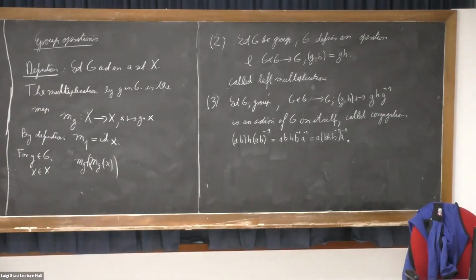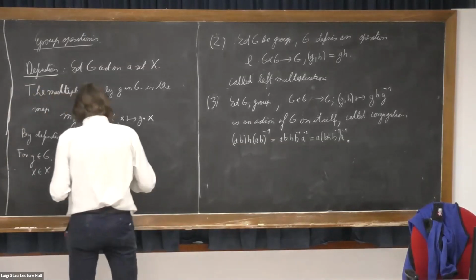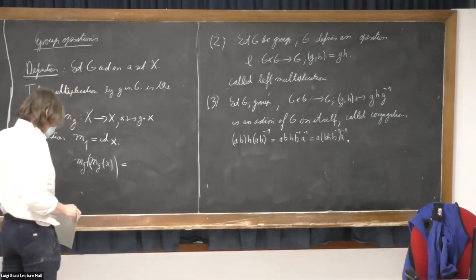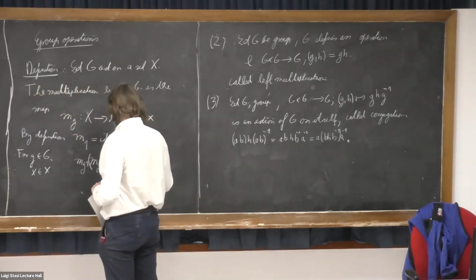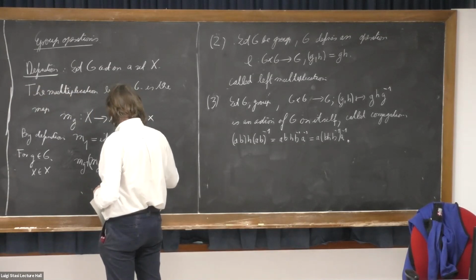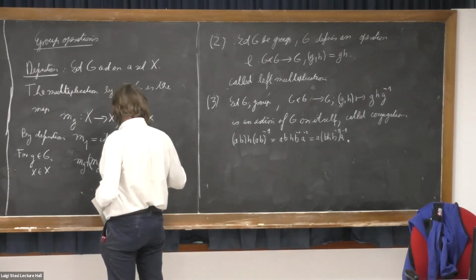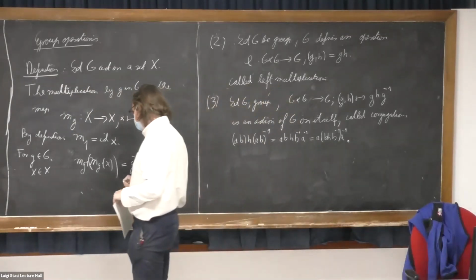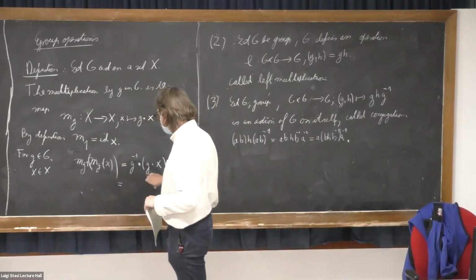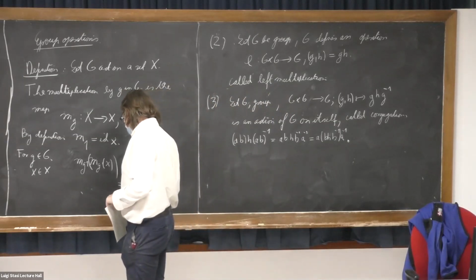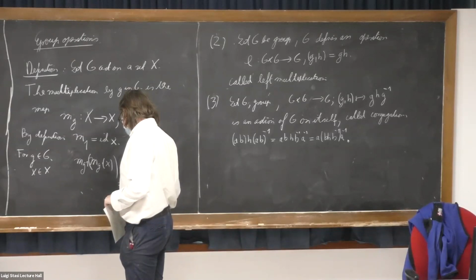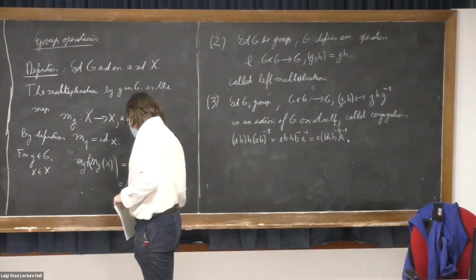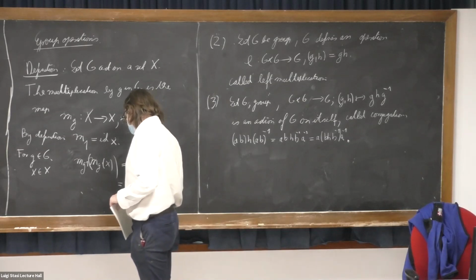What is this? By definition, this is g^{-1} times g times x. By associativity of the action, this is equal to g^{-1} times g, where this is now the product applied to x, and this is equal to 1. So this is x.